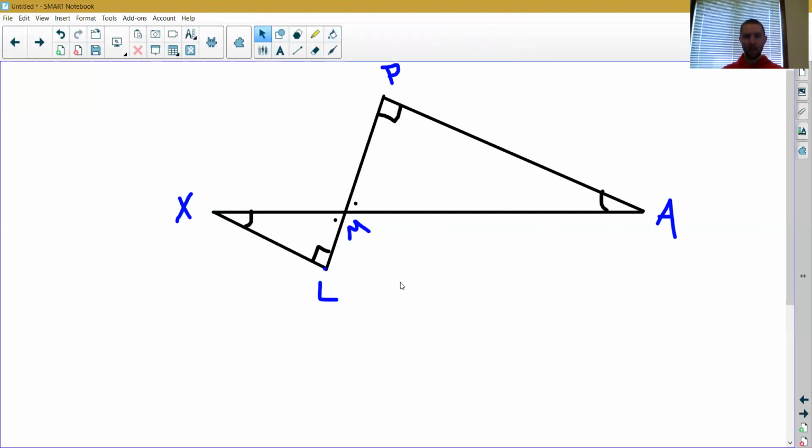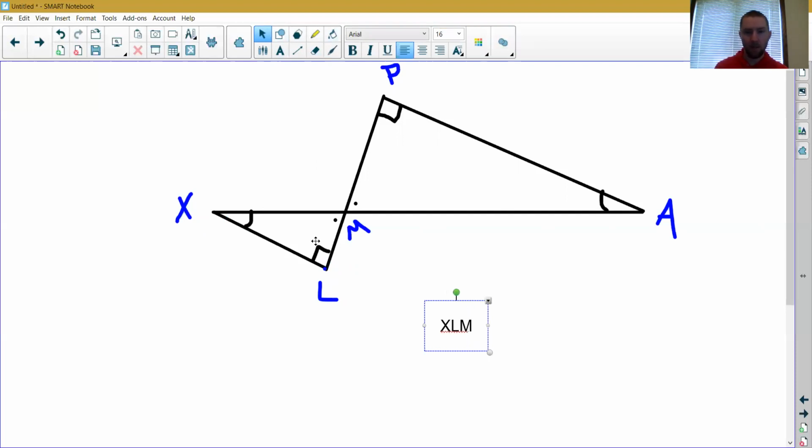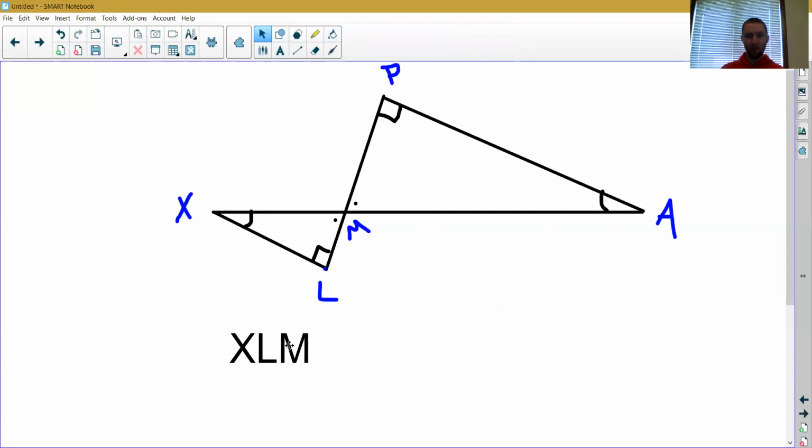If I were going to make a triangle similarity statement, if I start with this smaller triangle here and I just call it, I don't know, XLM, triangle XLM would be similar to what? Well, again, we have to just be careful about the order of our points, and we have to match up the angles that are congruent to each other. Okay, that's what we're looking to do in these statements.